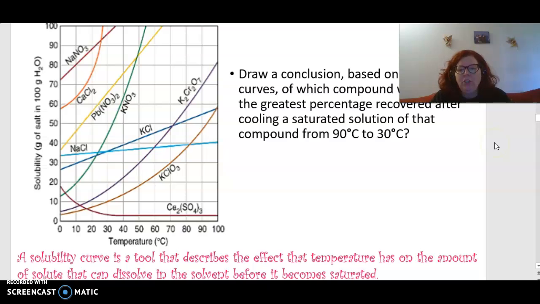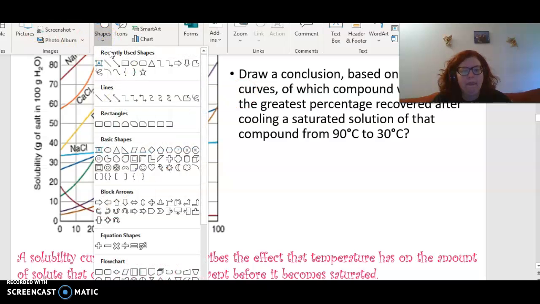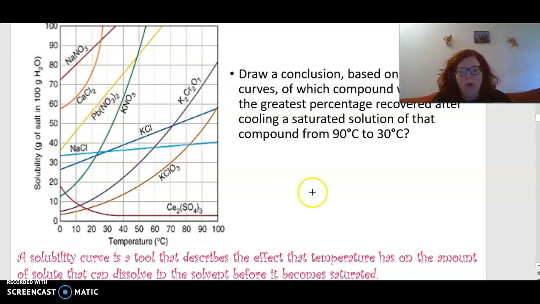Draw a conclusion based on the solubility curves of which compound would have the greatest percentage recovered after cooling a saturated solution of that compound from 90 to 30. Okay. So we're going from 90 to 30.